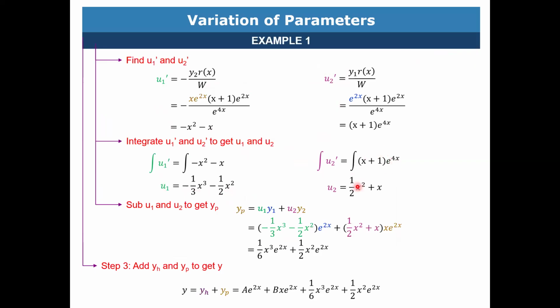So just integrate both equations, and after getting u1 and u2, substitute into the equation of yp to get the yp solution. This final is the solution of the non-homogeneous part of our ODE. To get the general solution of both parts, just add YH and YP together.